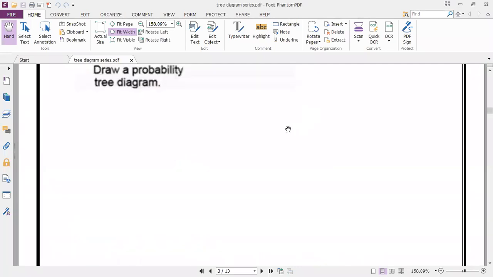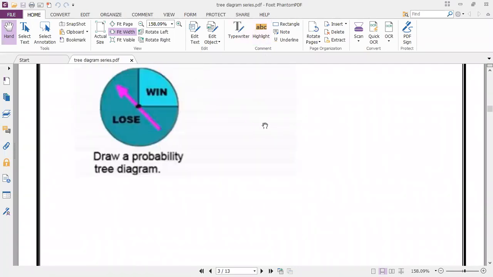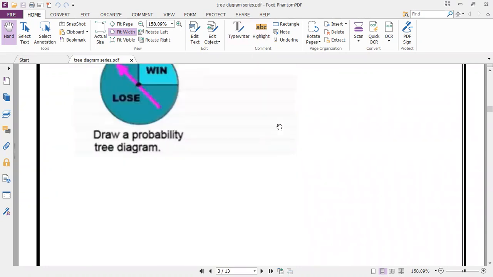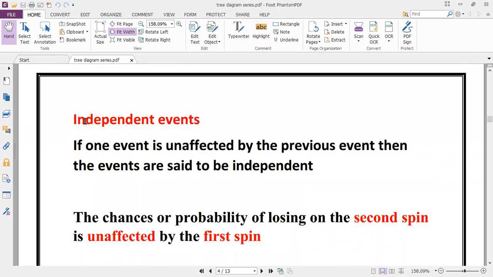So if we looked at the previous example for checking the next example, we have dependent and independent events. What are the independent events? If one event is unaffected by the previous event, then the 2 events are said to be independent.